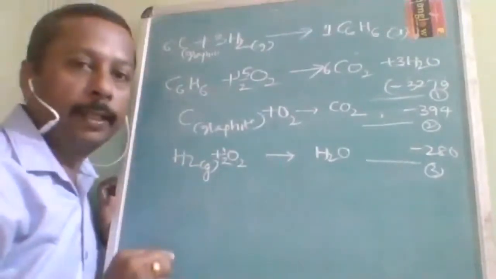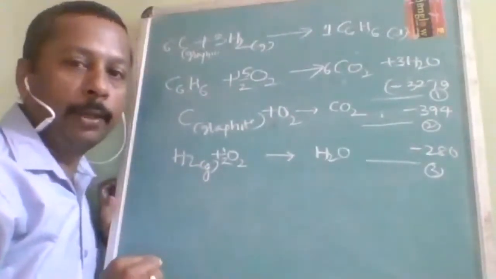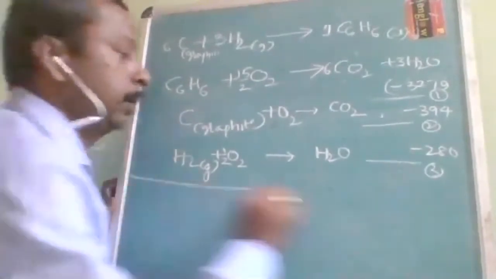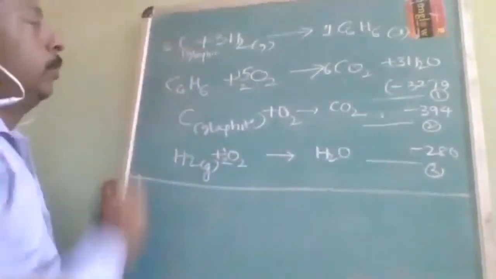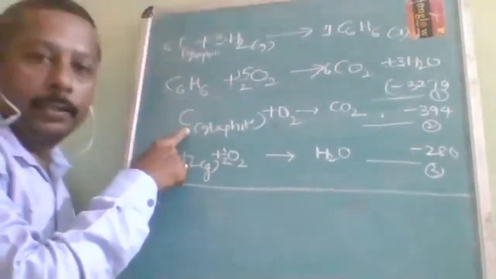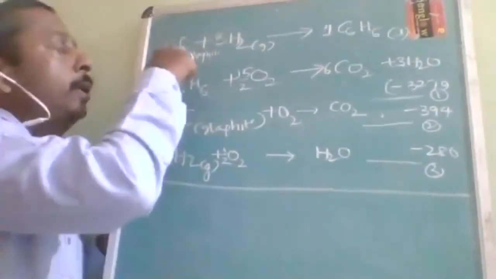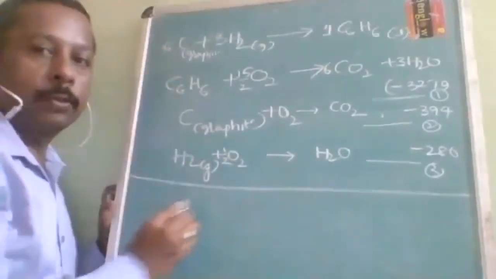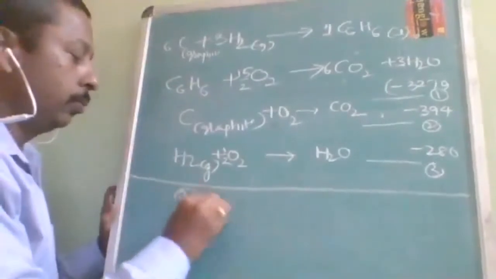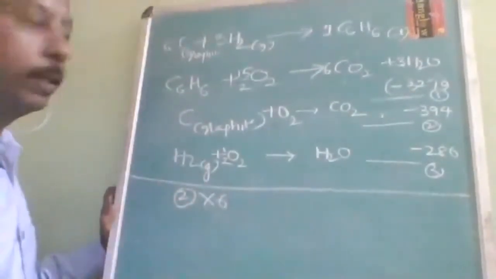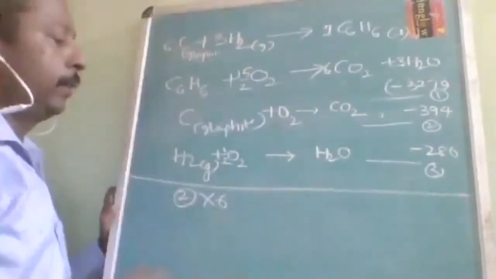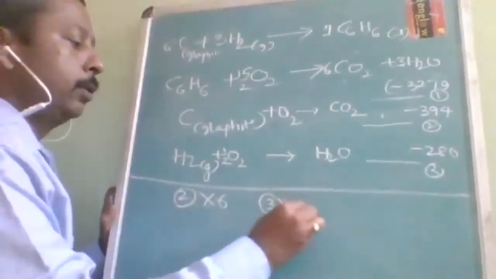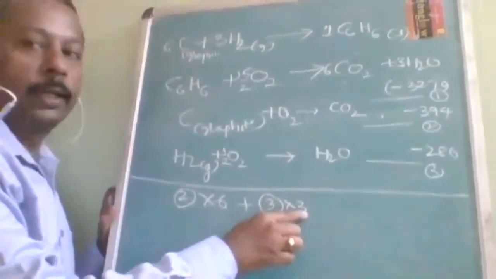Now see how to form it. Listen carefully. This is a procedural lapse; because of it, people are getting wrong answers. First, 6 moles of carbon. Graphite is on the left side and we want it on the left side, but here 1 mole is available and we want 6 moles, so equation 2 into 6. Then coming to 3 moles of hydrogen, equation 3 has it, but it needs to be multiplied by 3.